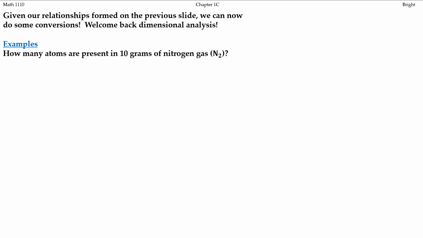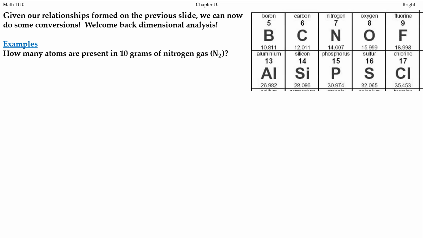Okay. All right, so we're going to look at this, and we may need this little excerpt of the periodic table as a guide here. But we're going to look at nitrogen gas, typically called N2, meaning you have 2 atoms of nitrogen in a molecule. And so we want to know, if we have 10 grams of nitrogen gas, how many atoms are present in that? Well, in these types of problems, I always like to begin with what we know.